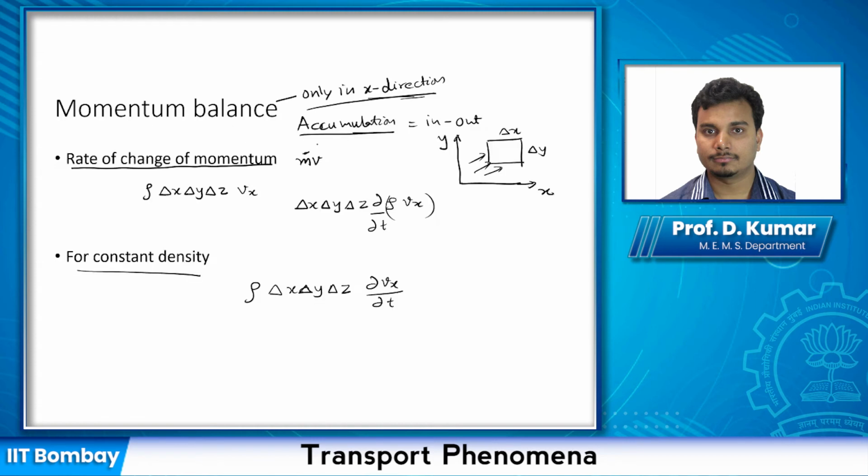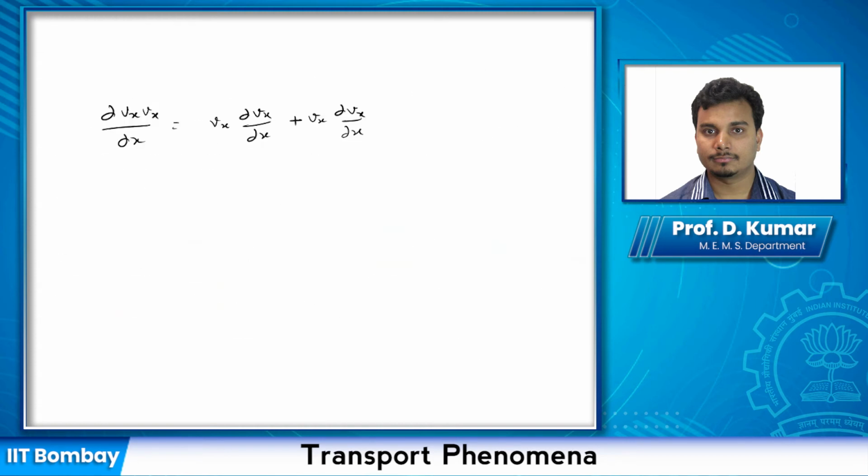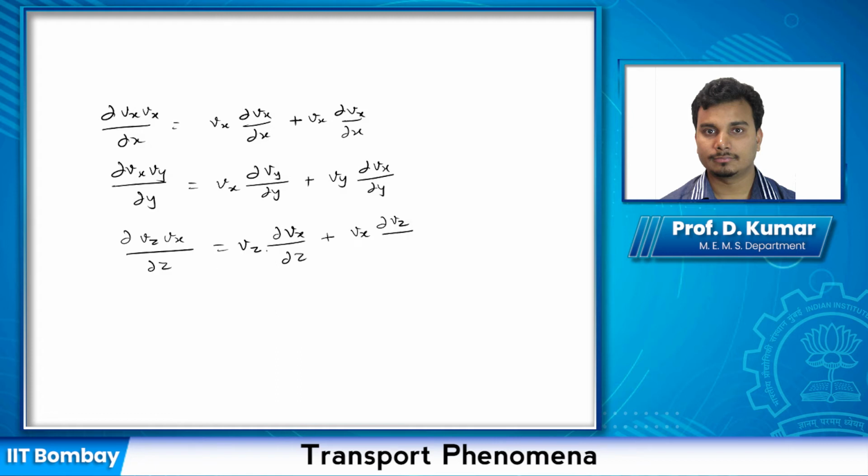For example, if you look at the next one, vx del vy by del y, in this case it will be vx del vy by del y plus vy, this thing, and then you have one more that you can write the other way, x here, z here, z here, and x here.